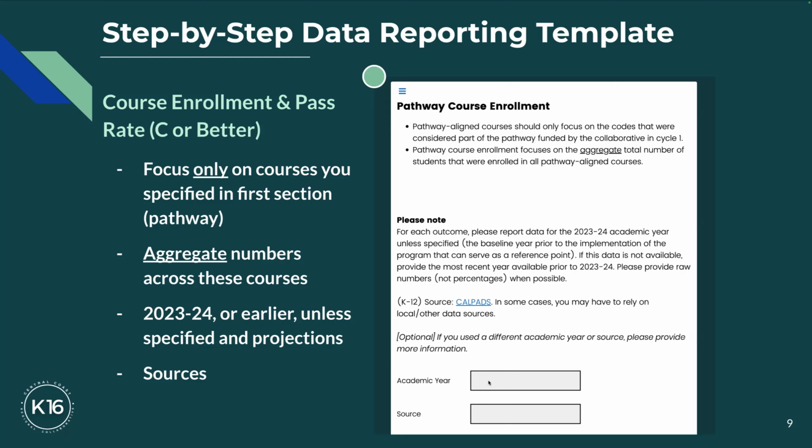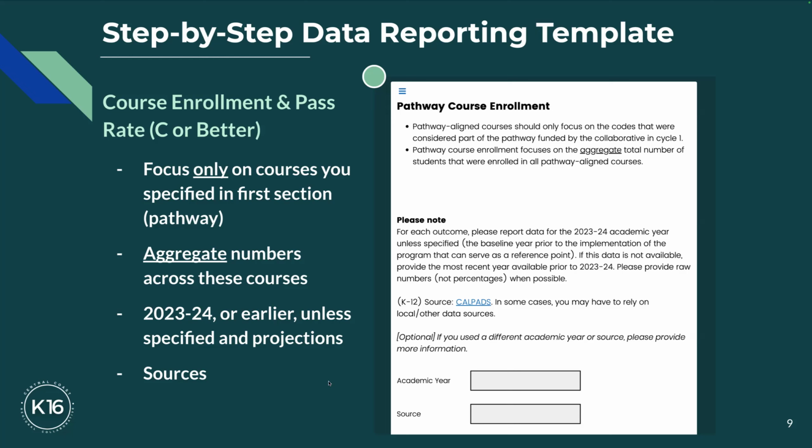Then we would just ask that you tell us what year you used. All of this is explained in here, but I think it's helpful for us to also articulate. Also, if you use a different source, for example your local data, then you could just tell us in the source section which data source you used.